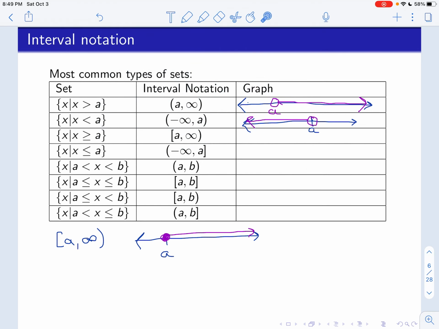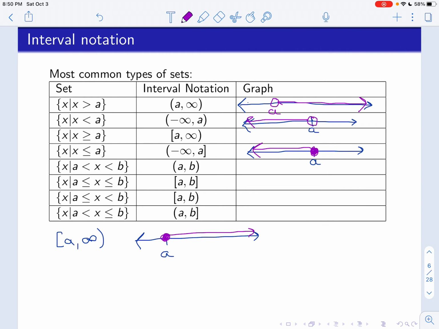On the other hand, if I wanted to do less than or equal to A, then that would look very similar to less than A. It's just that now I have a solid dot going to the left. So solid dots mean that we're including whatever the number is. Open circles mean that we are not.